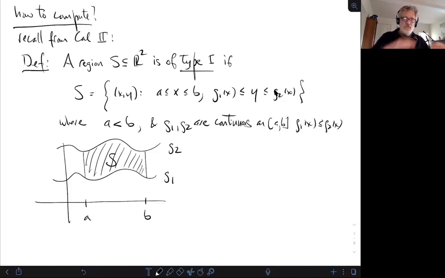Okay? So I have two functions, one on top of another, and I look at all the points which have their y-coordinate between the graphs and their x-coordinates between a and b. Now, often it's not going to look exactly like this. It's possible that g1 and g2 intersect. That's very common. It might also look like this.